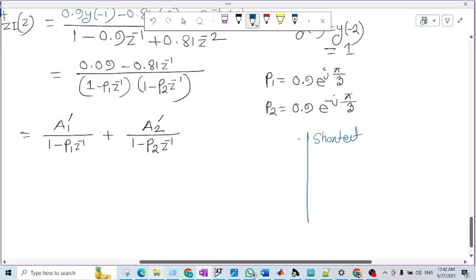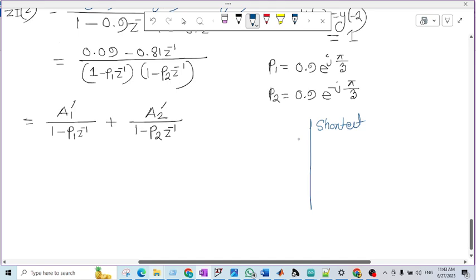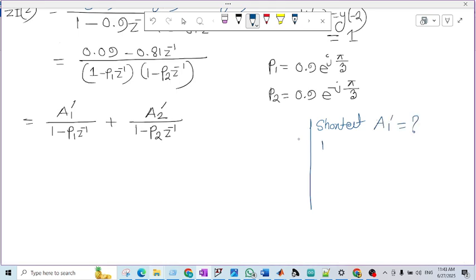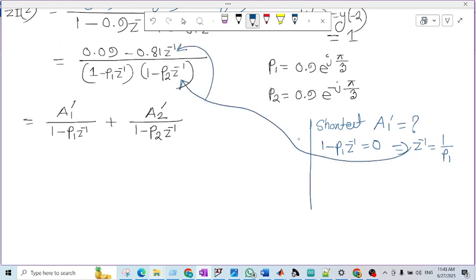So 1 minus p1 z inverse 1 has to be set to 0, then z inverse 1 is equal to 1 by p1. Now we have to put this value of z inverse here and here. So let me calculate it.